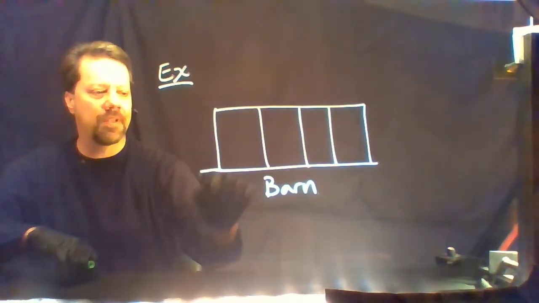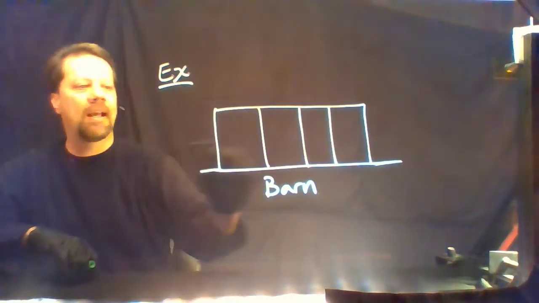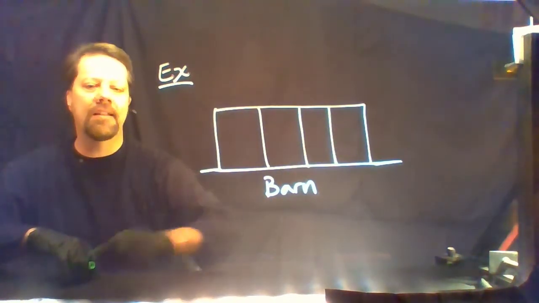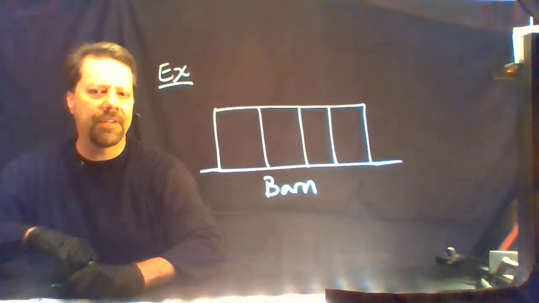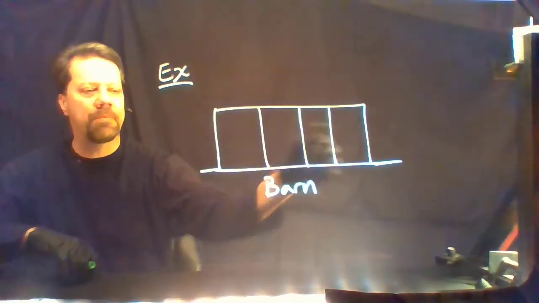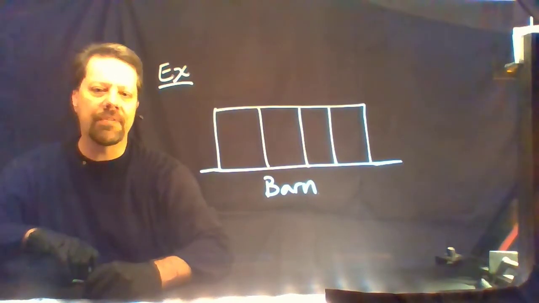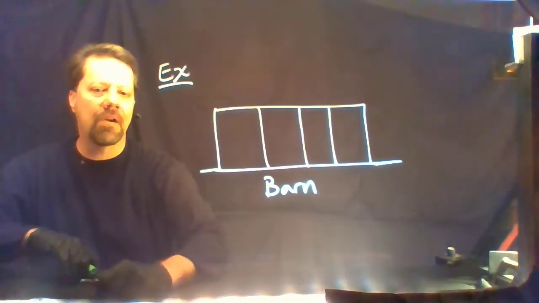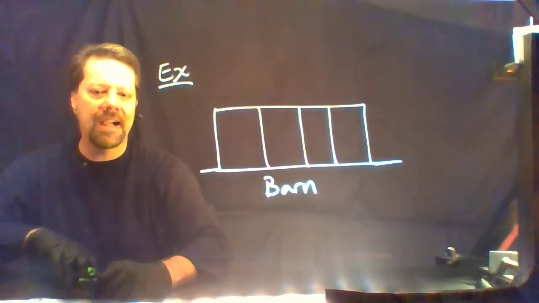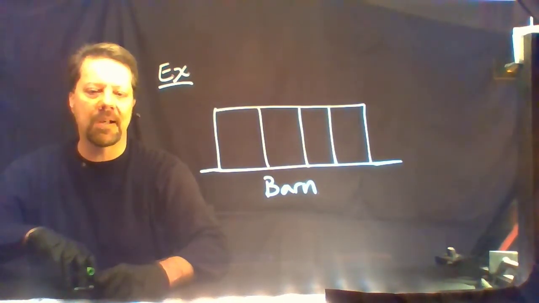So the barn goes in this direction, and 4 pens are constructed next to the barn with fencing, and there's a limit though, 500 feet of fencing. Find the dimensions of the pens so that the pens are as large in terms of area as possible. As large an area is enclosed by these pens as possible.